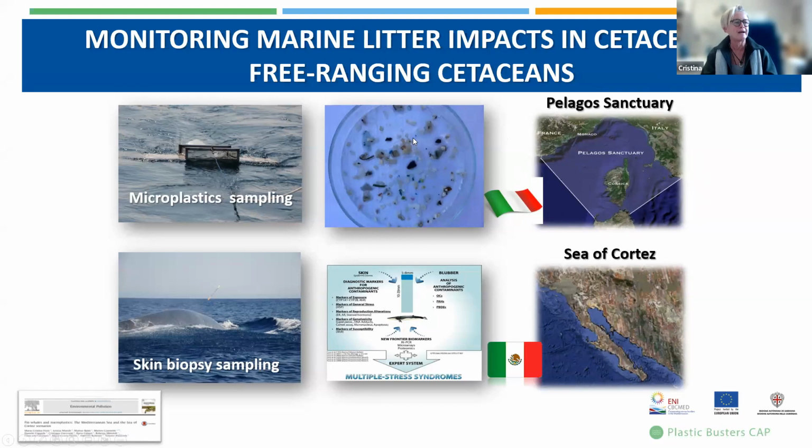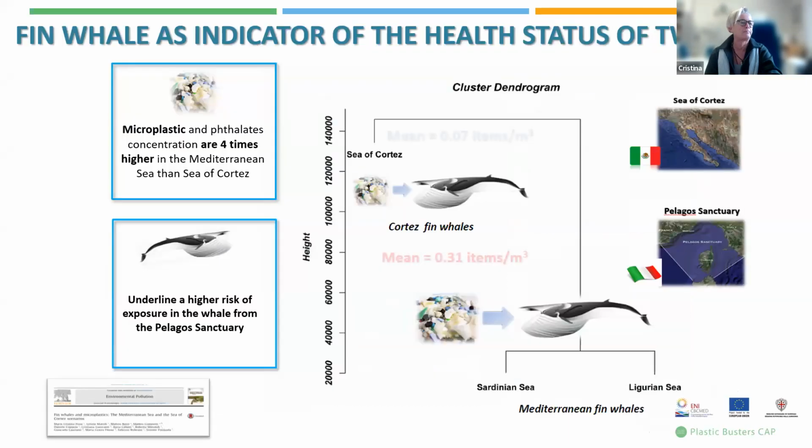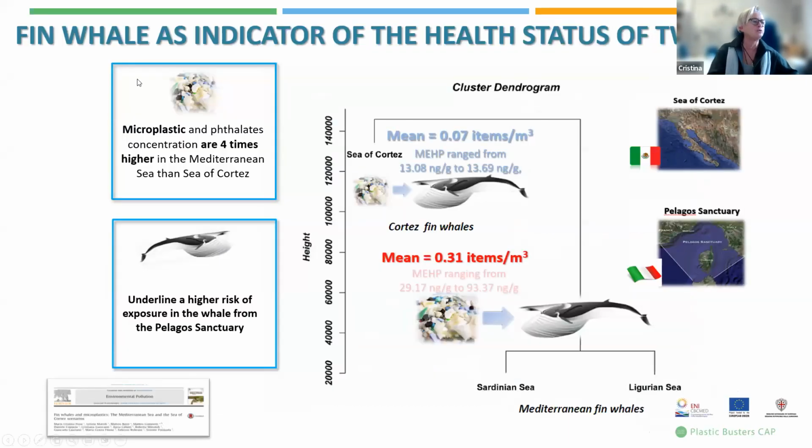The two areas were analyzed for microplastics, so the presence of microlitter in the environment, and the species were analyzed using the skin biopsy approach. What we obtained here, and we found a dramatic difference in terms of microplastic concentration between the two areas, with very high levels in the Mediterranean Sea in comparison to the Sea of Cortez.